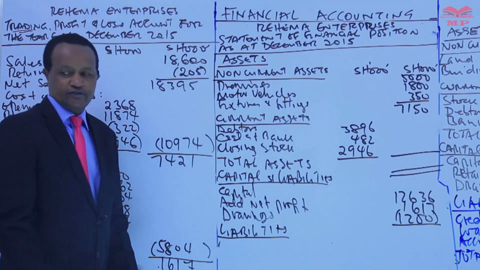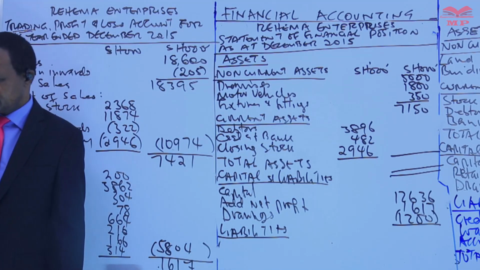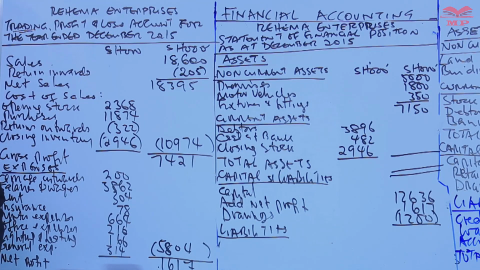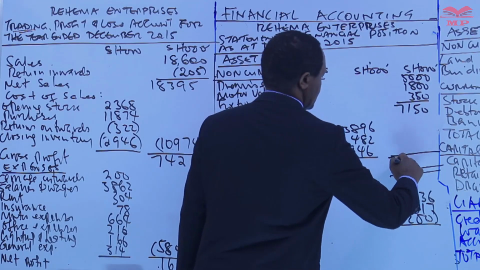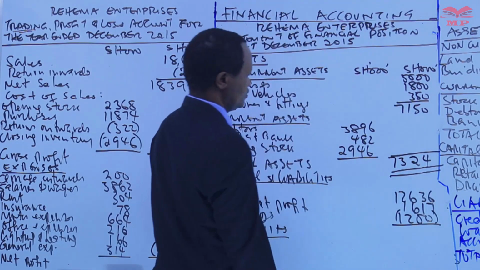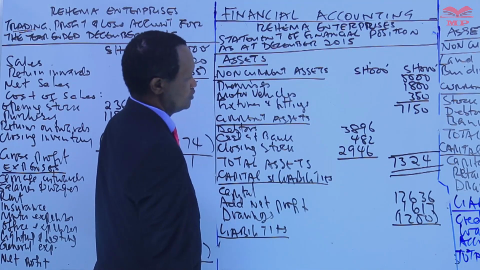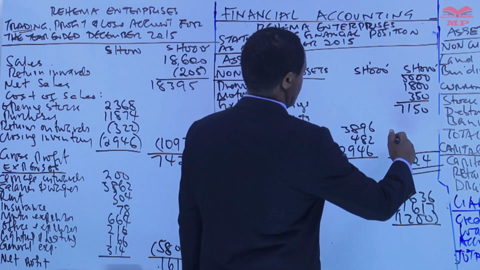Help me identify liabilities. What is 7324? Total assets? Or this one here?